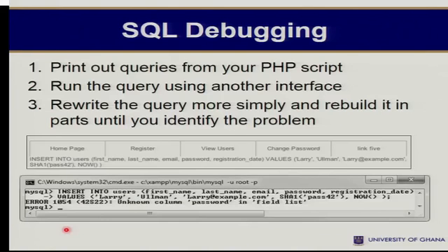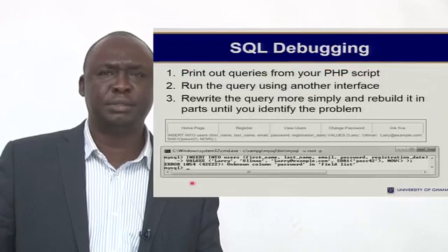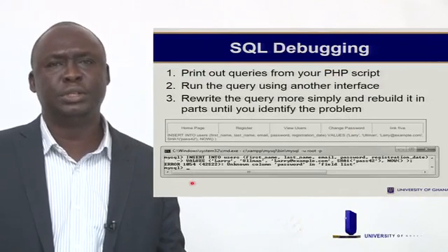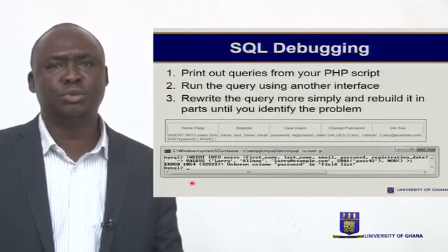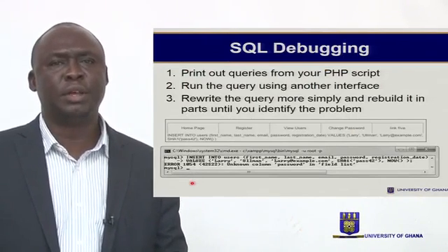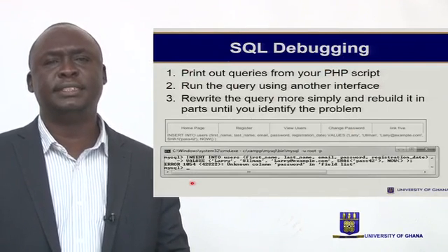Okay, so this is SQL debugging. You can print out queries from your PHP scripts. If you want to check whether your SQL statement is having some issues, you can print out those queries from your PHP script. You can run the query using another interface.